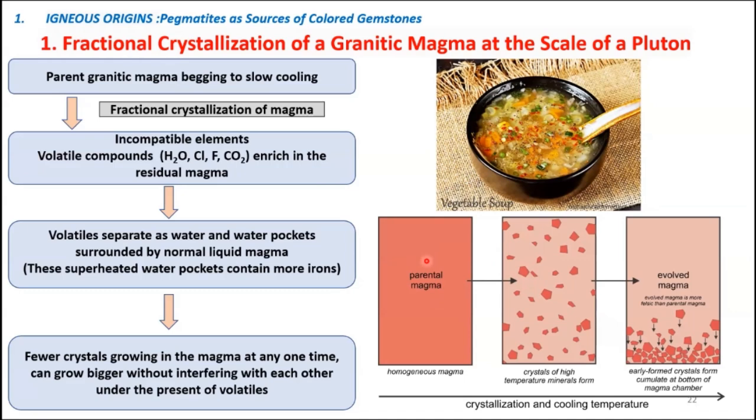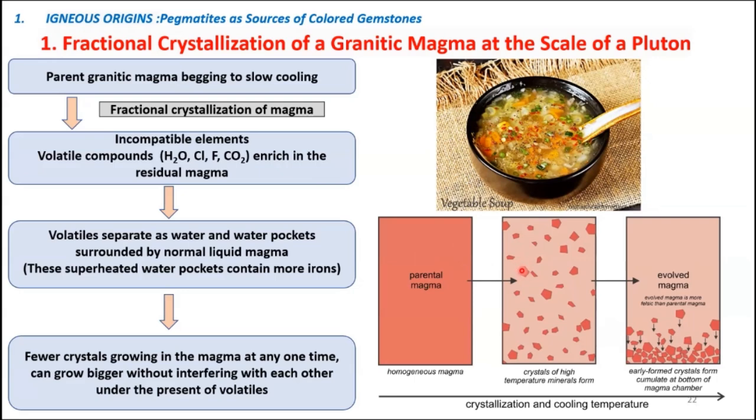Magma contains mainly molten rock material, plus some already available solid particles, and sometimes dissolved gases or fluid phases. When you consider elements in the periodic table, some elements, during cooling, always prefer to be accommodated within the crystal structure.